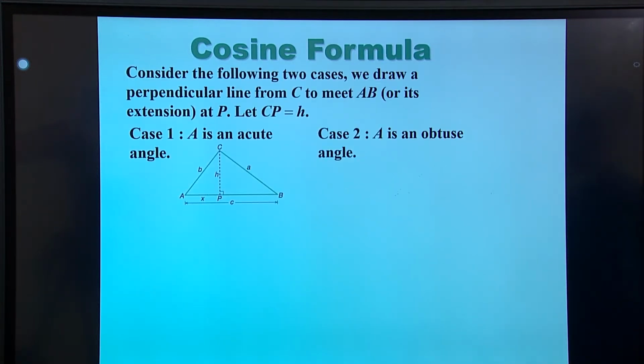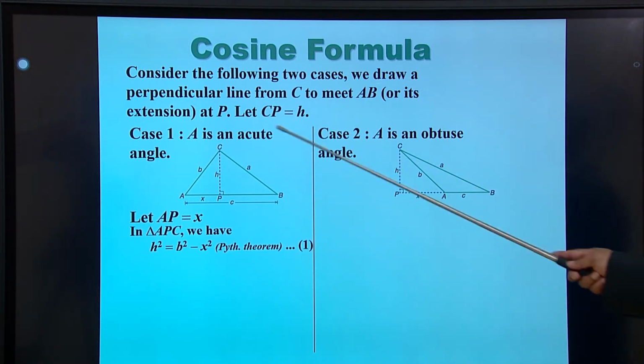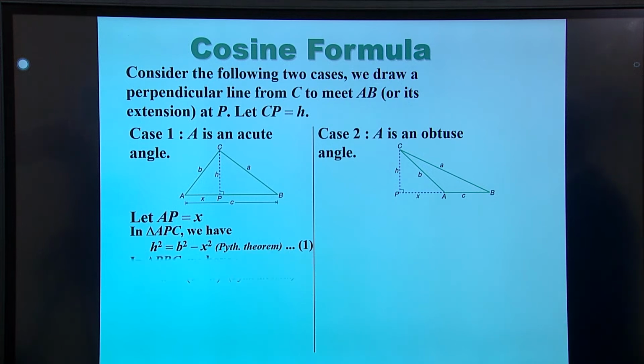Now, this is not required in our testing for exam purposes. But very quickly, there is an example of how we derive the cosine rule. So if I drop an altitude, which means a perpendicular, and I call one side x, I can then write in terms of Pythagoras h squared.